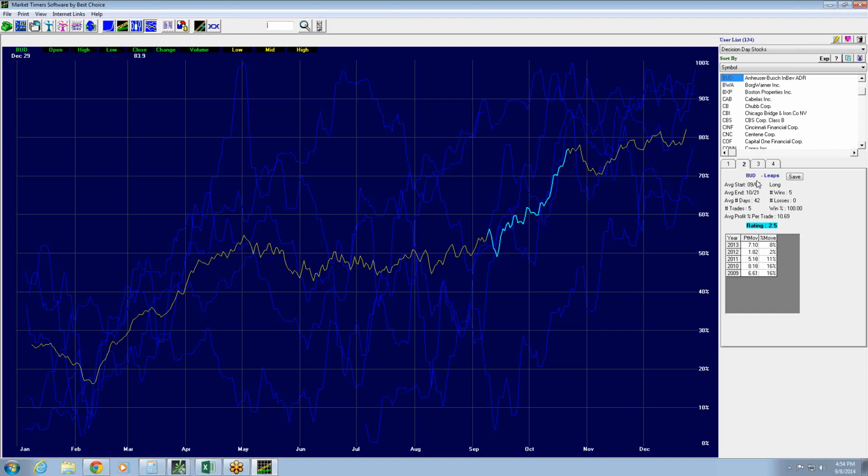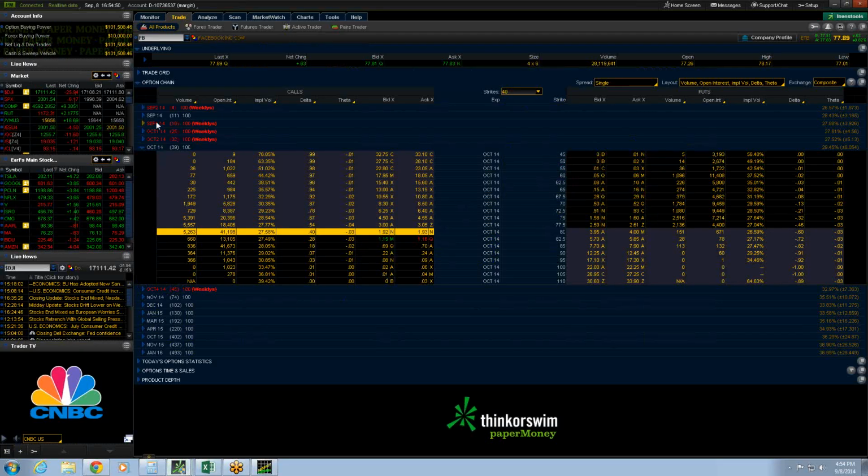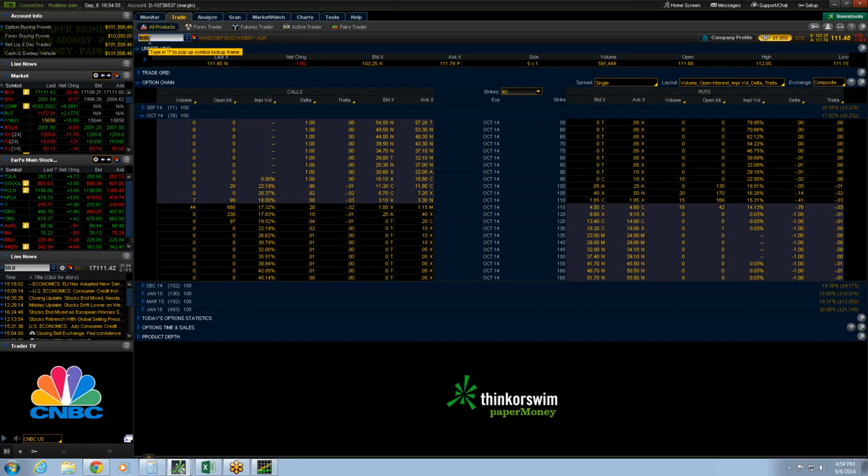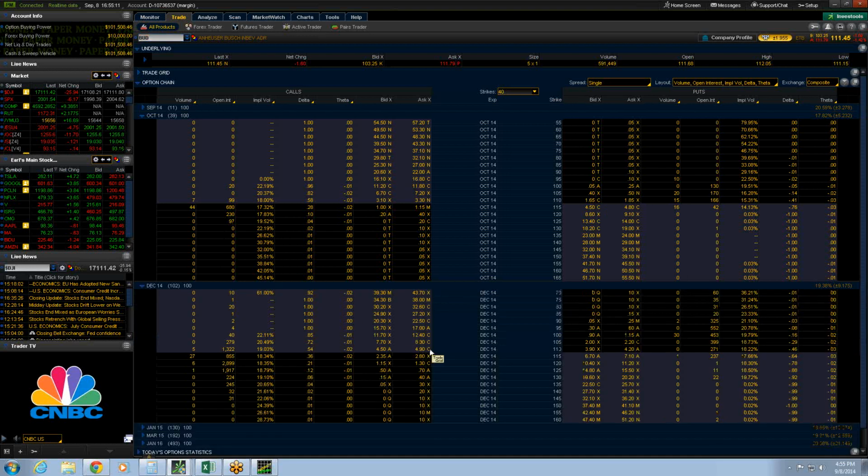So Bud is a play in my opinion, and I was looking at the October 115s for $1 by $1.15. You know, not a huge open interest, but I think it's a good play. Or you can look at December's, a bull call spread for December 110, 115s is what I put down.